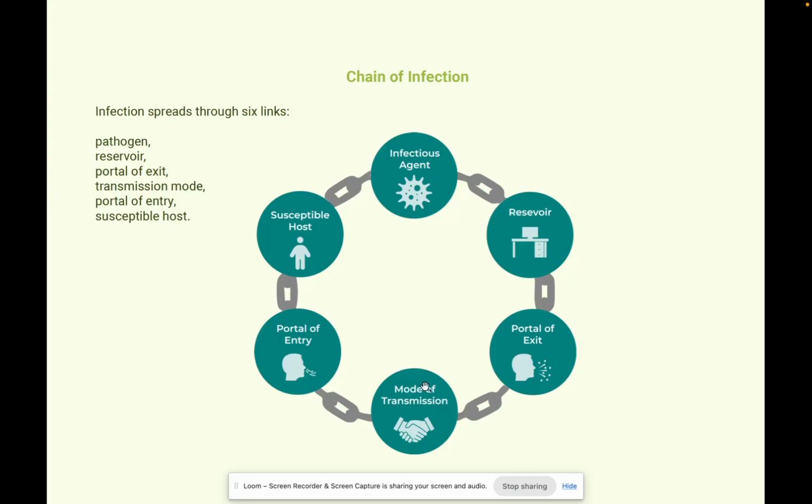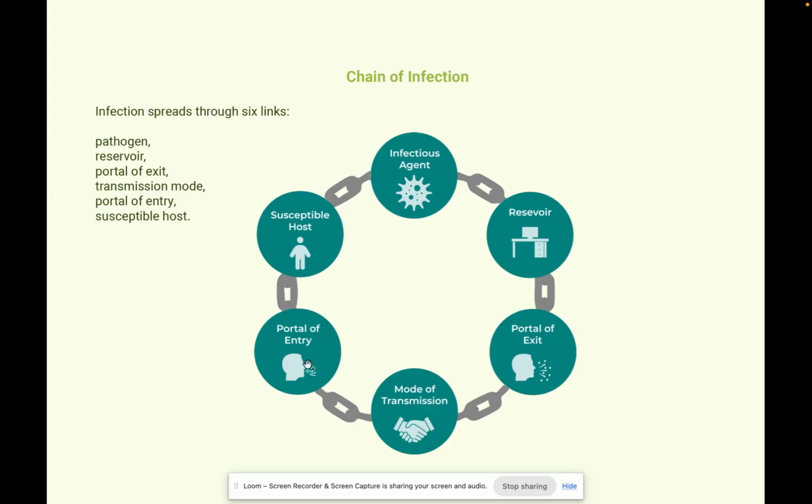So when we say mode of transmission, this is how the infectious agent is spread from the reservoir to the new host, okay, to the new host. This can be direct, like for example through touching, or even indirect through contaminated objects or airborne particles, right?